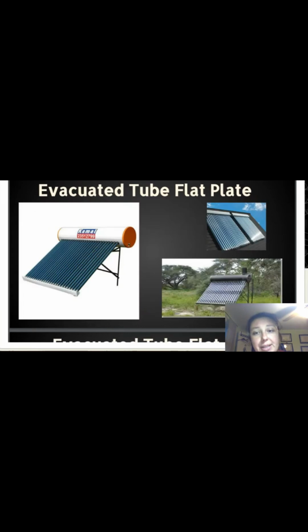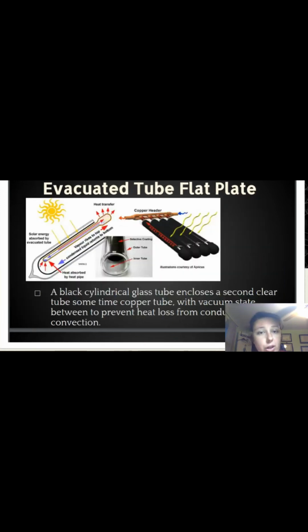Here are some examples of evac tubes, and they are a tube-in-tube structure where we send the cold water down and into the structure. It allows the hot water to rise up because it is less dense, and then I siphon the hot water off the top. So I'm basically syringing in the cold water to the base of the tube and allowing hot water to rise to the top.